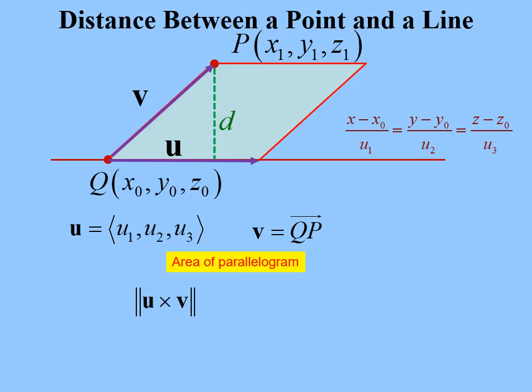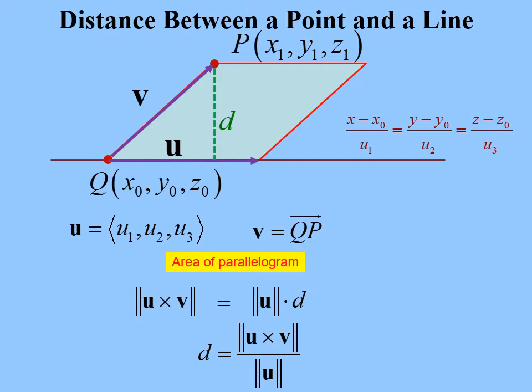Well, that's also, geometrically speaking, the distance d times the length of u. Like length times width in a rectangle. And obviously we can solve for the d simply by dividing both sides by the magnitude of u.